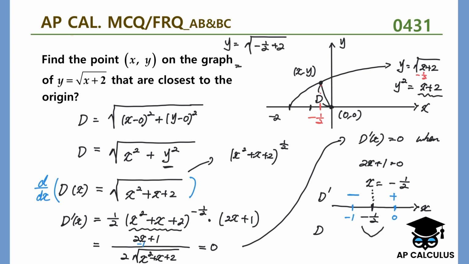So that's going to be equal to square root of negative 1 half plus 2, that's 3 over 2. So if we rationalize this, that's going to be square root of 6 over 2, right? So the point has to be negative 1 over 2 comma square root of 6 over 2. That's our answer, right?